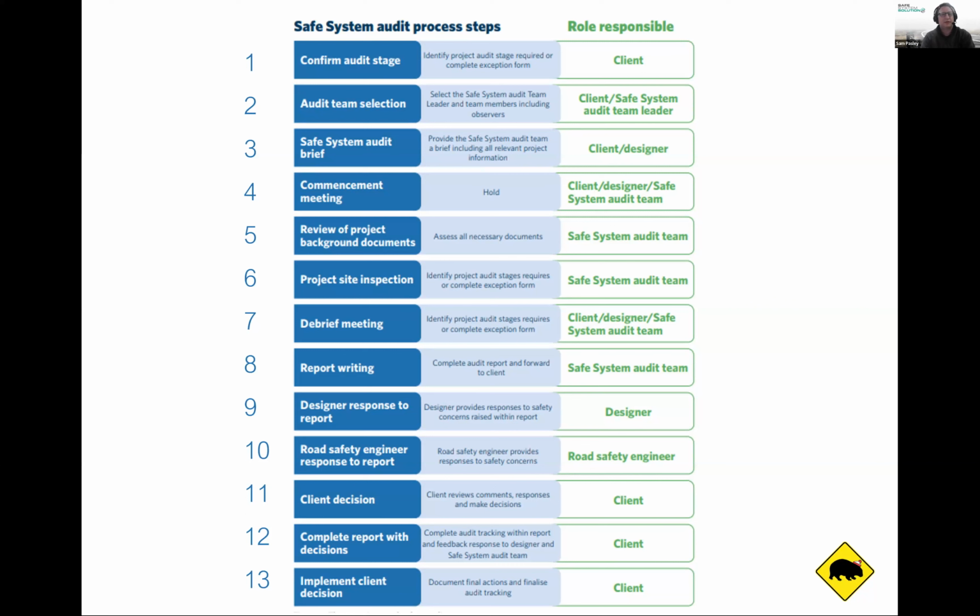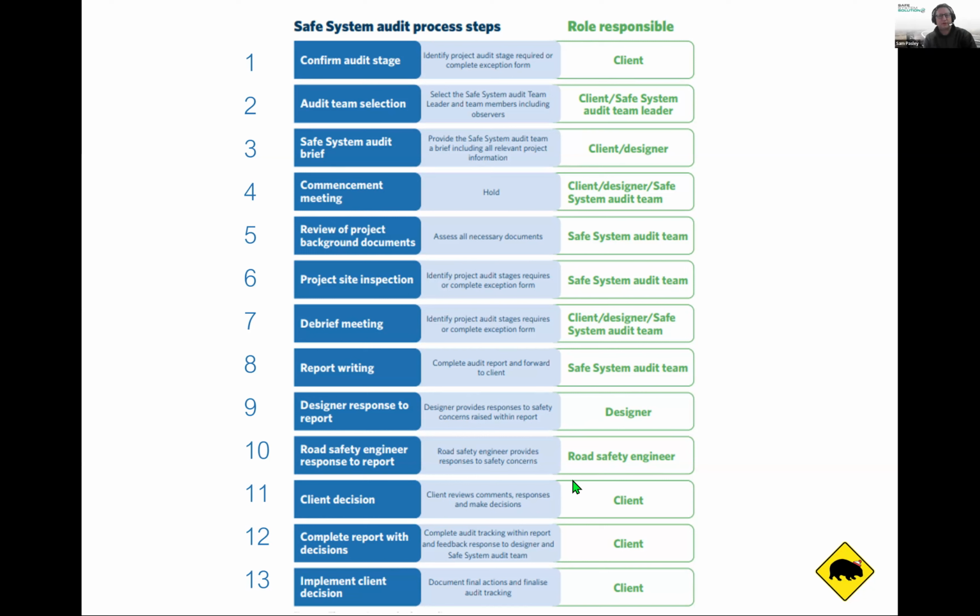So generally, safe system audits are required for any project getting funding under the NLTP. So they should be uploaded into TO. When you're not doing a safe system audit, you're technically supposed to do an exemption form. That could be anything that's negligible safety. In the guide, they specifically talk about maintenance activities as something that you don't really need a safety audit for.